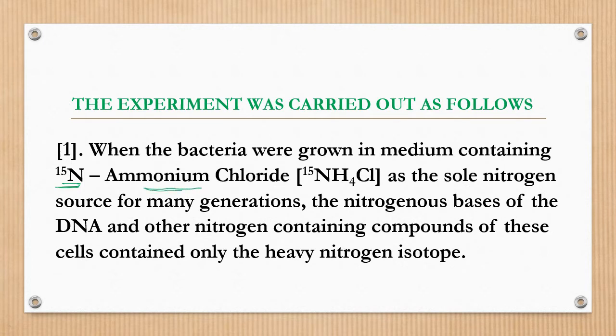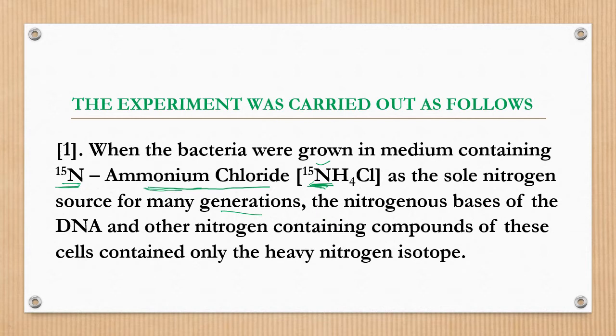So the medium consists of ammonium chloride, and the nitrogen present in this ammonium chloride is the isotope N15. It is the sole nitrogen source for many generations. That is the only source for several generations.